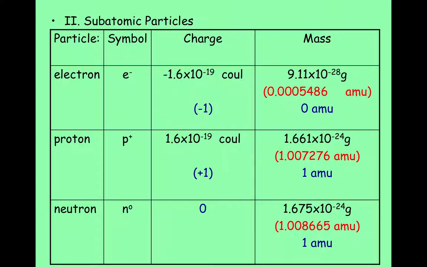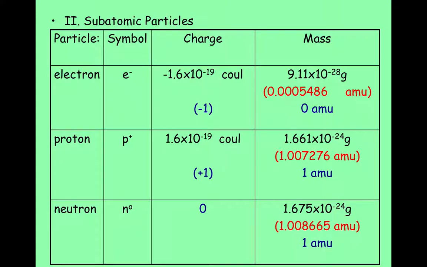Now, if you look at the black numbers here, the charge is negative 1.6 times 10 to the negative 19th coulombs, which looks like a very, very small charge. We see it's negative, and we see it's something to the negative 19th power. That's a very small number. But if you look at the mass of the electron, the mass is much smaller. So the charge is actually a very strong charge compared to the mass of the electron.